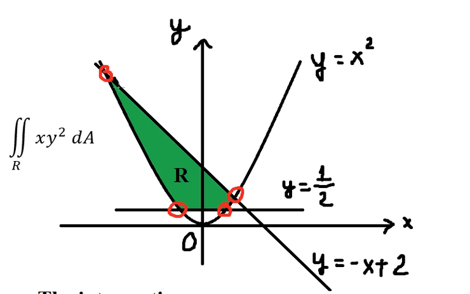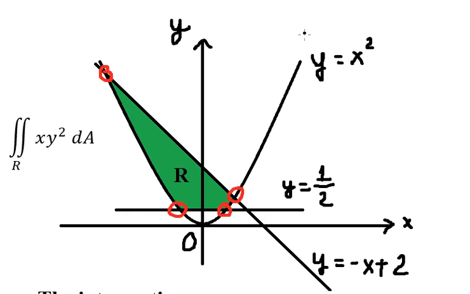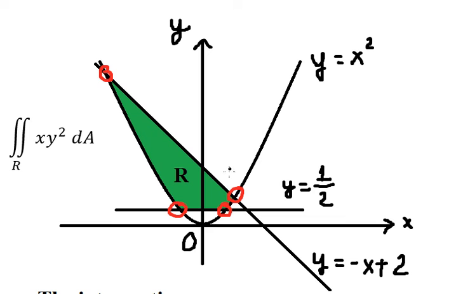The whole region, including the y region in here, is between y equals negative s plus 2 and y equals s squared. So for dy, we can see it is between this line and the curve in here. This is the lower and this is the upper.